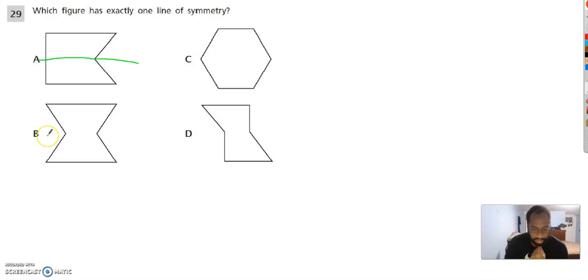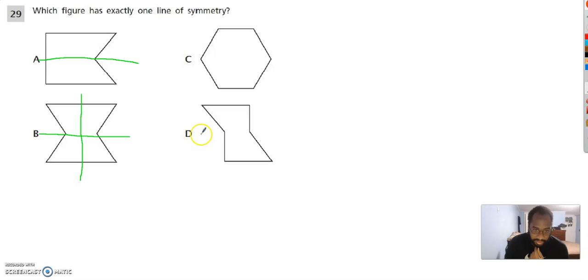B. Juliet. B has horizontal and vertical, right? It'll be equal on both sides, vertically and horizontally, if you split it. What about D?